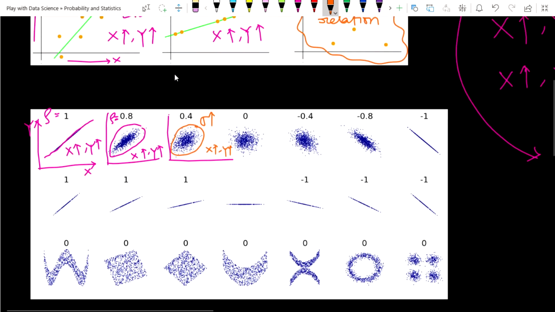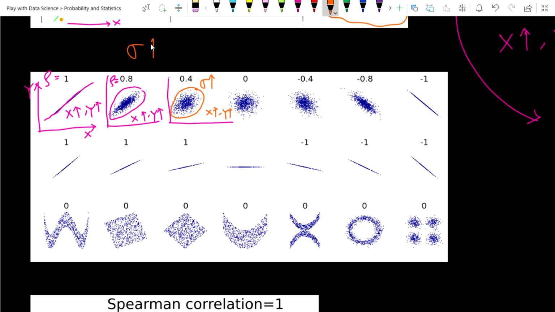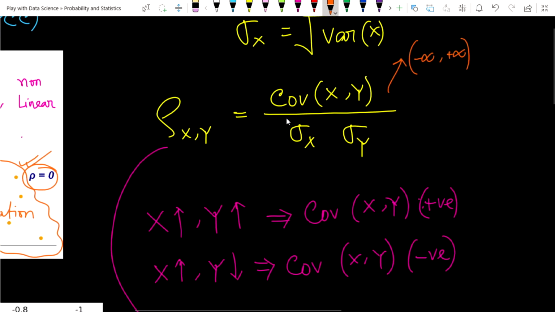In simple terms, if the standard deviation increases, then that implies the Pearson correlation rho value has decreased, because we got the idea from the formula here.